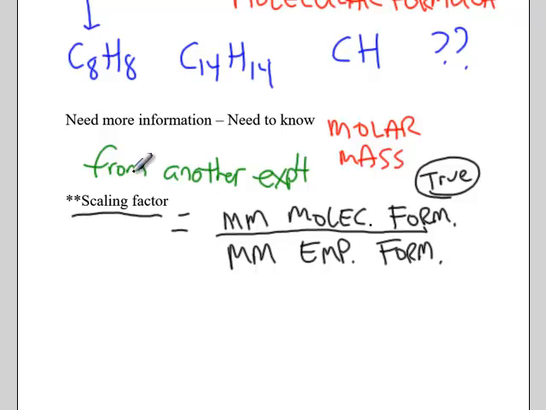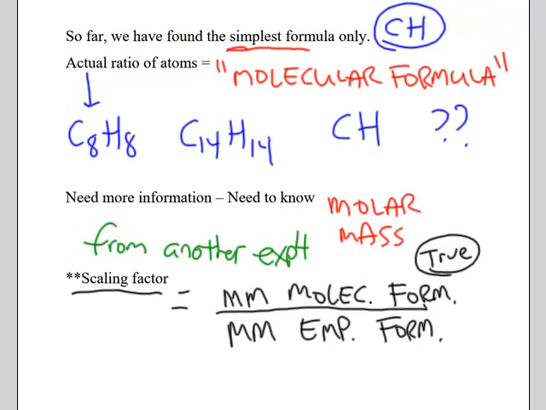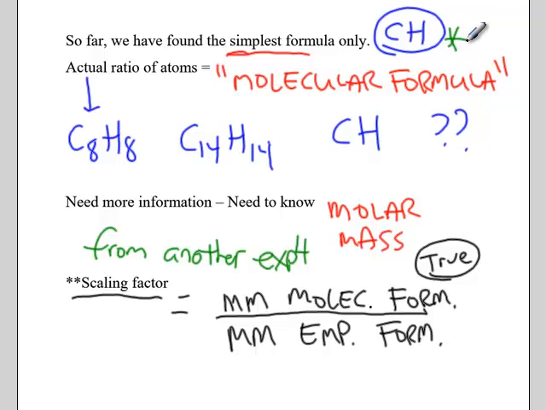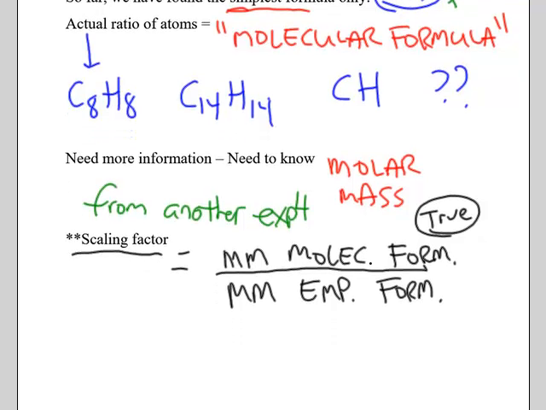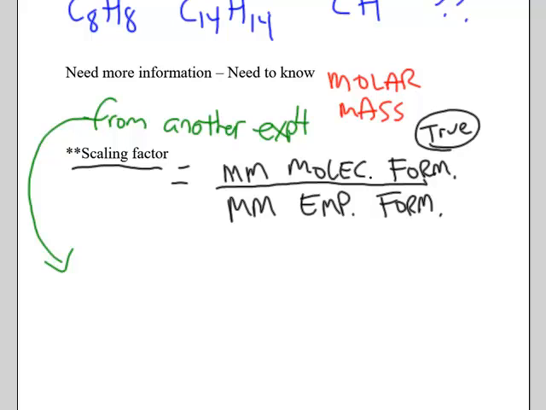So for example, let's say that we go back to this empirical formula, 1 carbon for every 1 hydrogen, and then the results from this experiment tell us that our actual compound has a molar mass of 78.12 grams per mole.